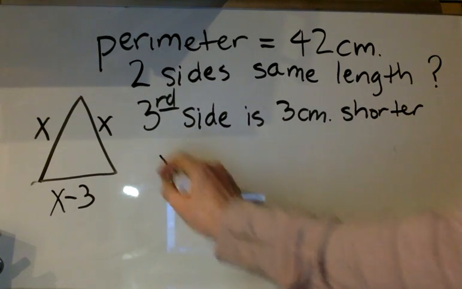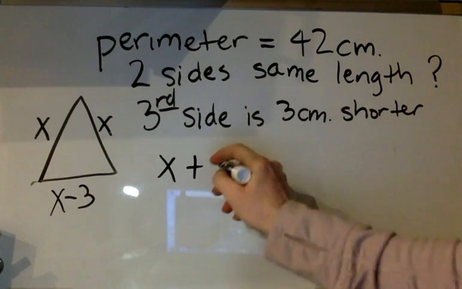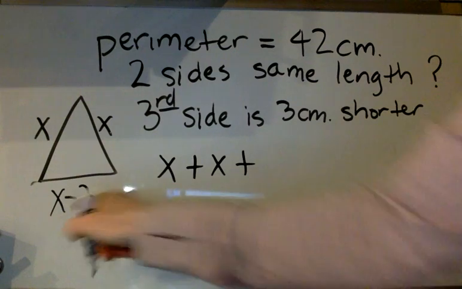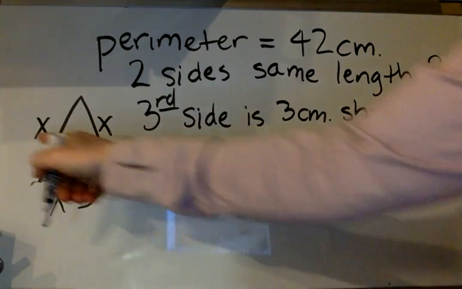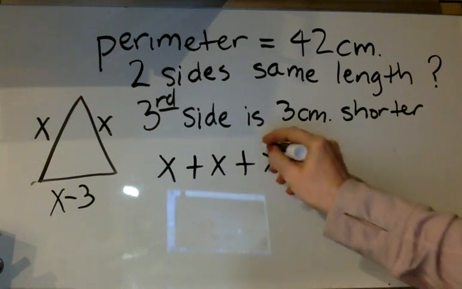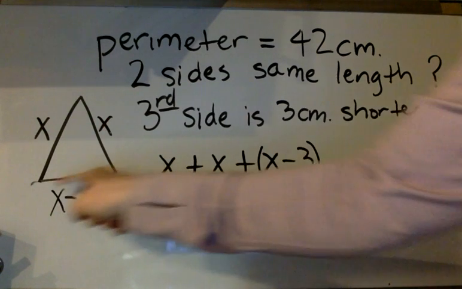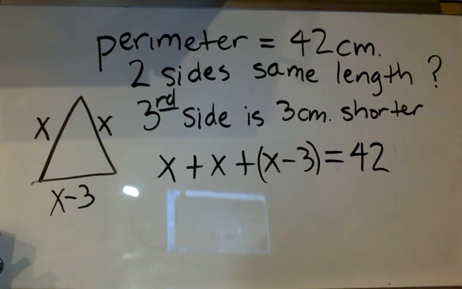So I'm going to add x plus this side, which has a side length of x, plus this side, which has a side length of x minus 3. So x plus the x minus 3 side. All of that, when you add them together, you get the perimeter of 42 centimeters.